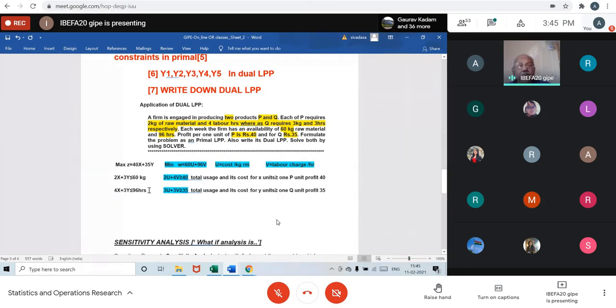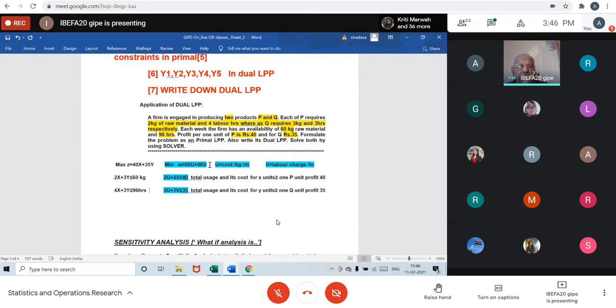Correct. So the objective function will be the cost per unit of material and per unit hour, how much you are charging for man-hours. That has to be minimized. Expenditure should be minimum, usage should be minimum. How many of you follow?